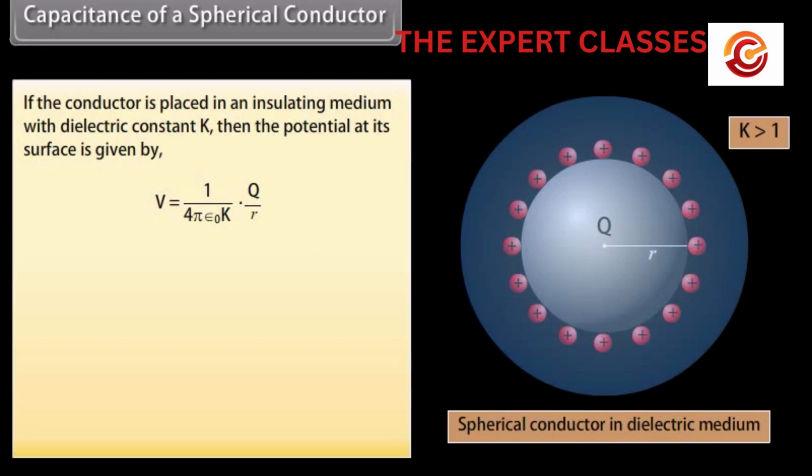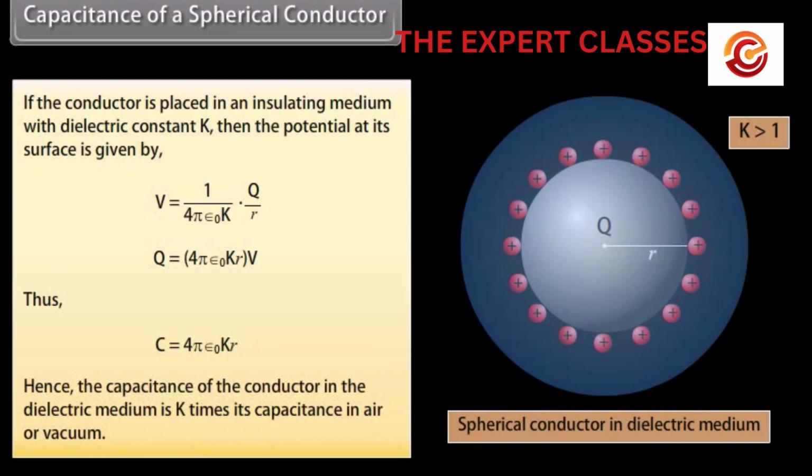It can also be written as Q is equal to the product of 4 pi epsilon naught K, r and V. Thus, C is equal to 4 pi epsilon naught K r. Hence, the capacitance of the conductor in the dielectric medium is K times its capacitance in air or vacuum.